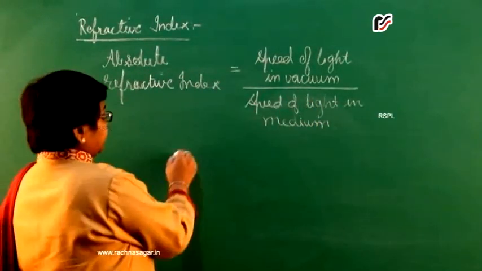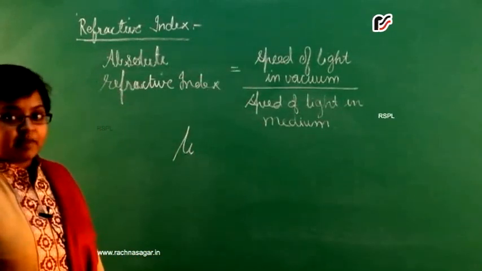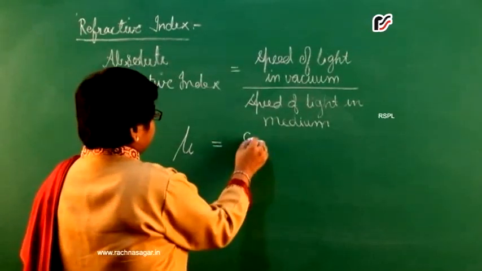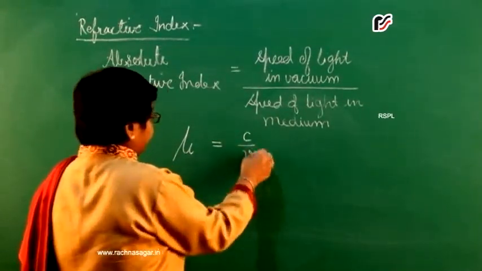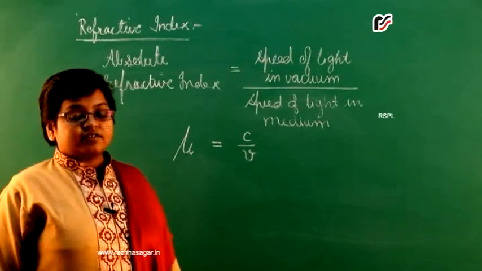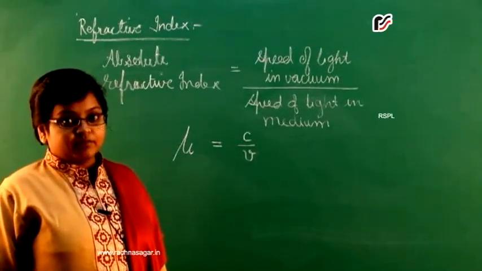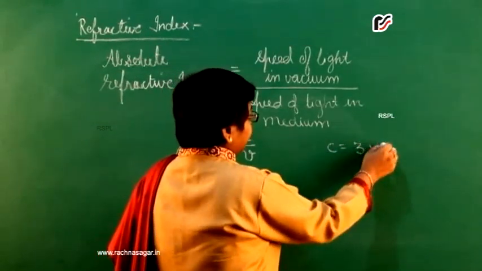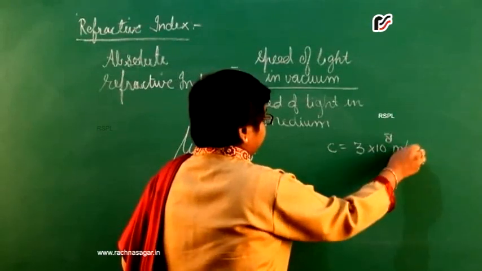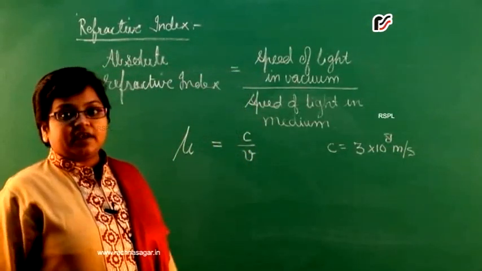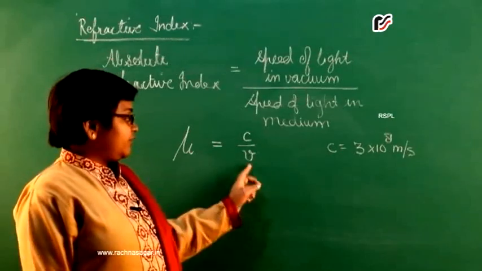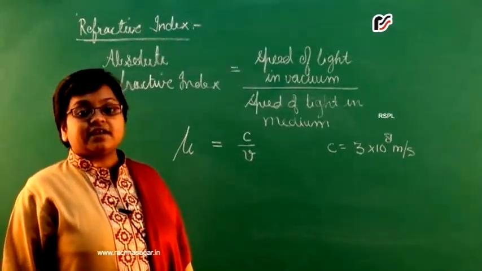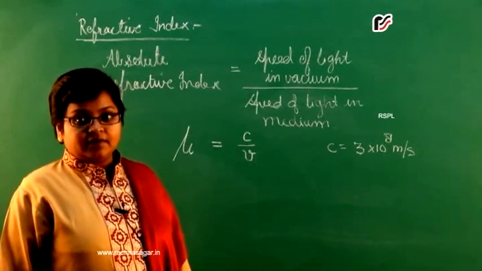That is, refractive index, denoted by the Greek symbol mu, is C divided by V, where C denotes the speed of light in vacuum, which always equals 3 times 10 to the power 8 meter per second, and V is the speed of light in that medium whose absolute refractive index is to be calculated.